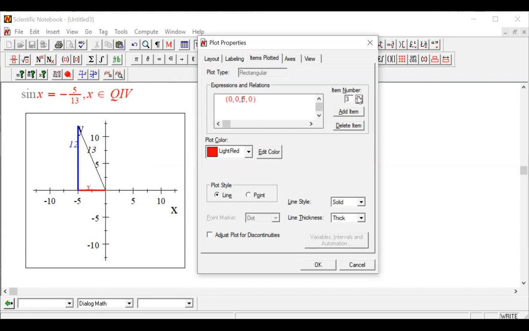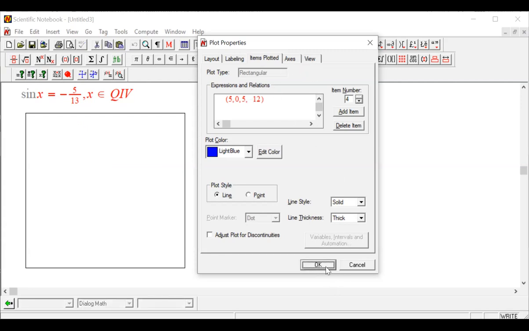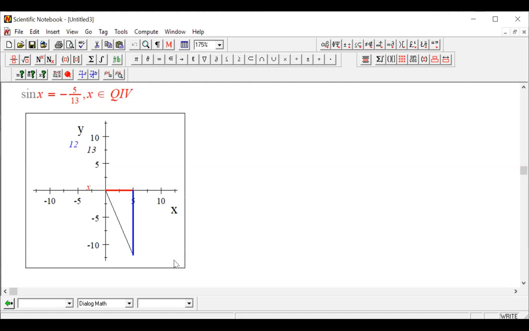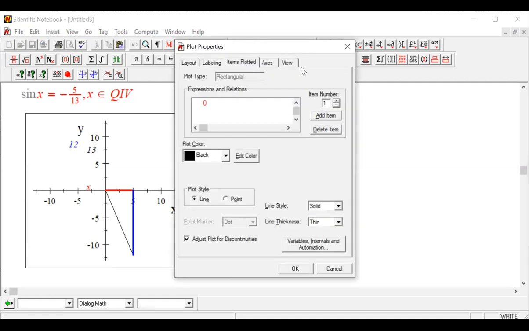We got those points. Now we just have to move the numbers over.